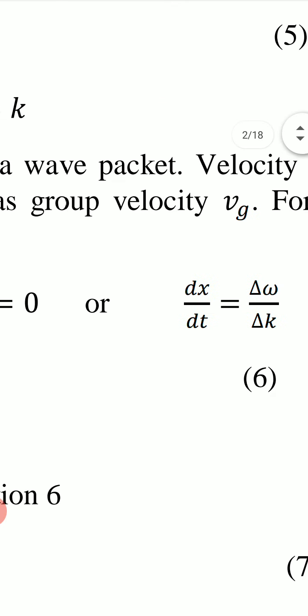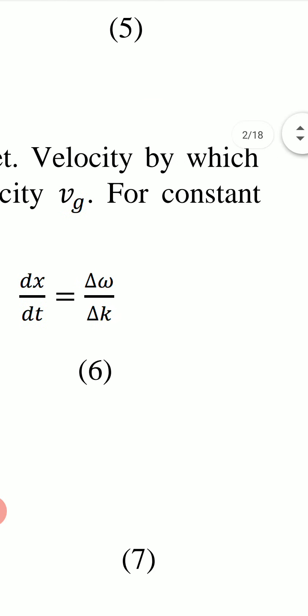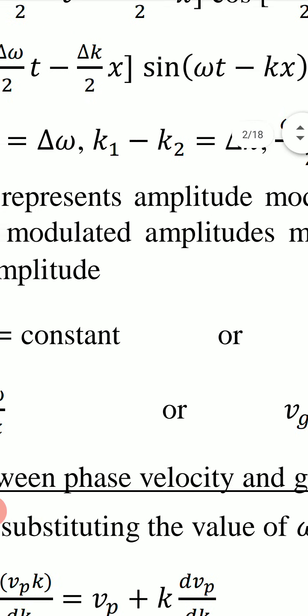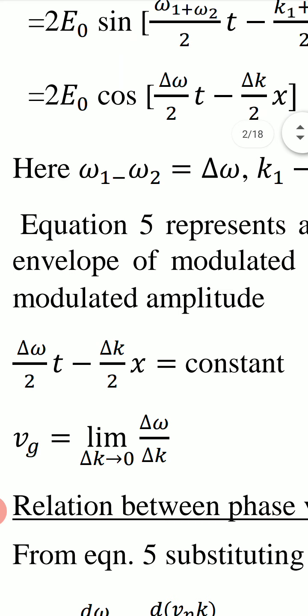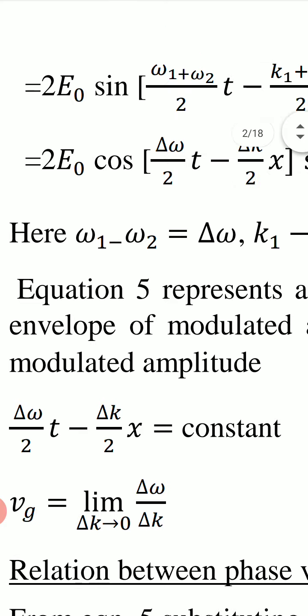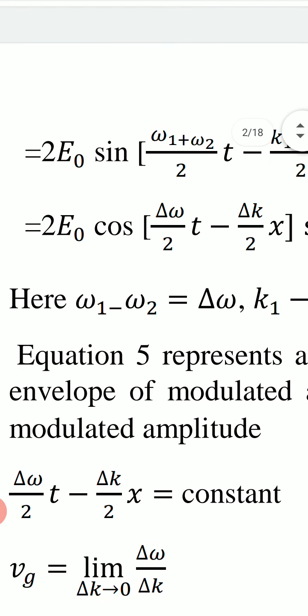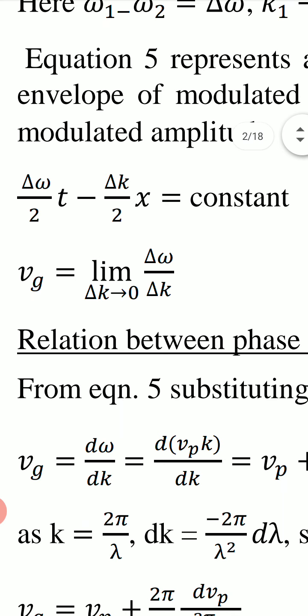So Vg, the group velocity of this wave packet, is the velocity by which the envelope of modulated amplitudes moves. To find this group velocity, we write for constant modulated amplitude: the modulated amplitude will be constant when the term inside before cos is constant. It means delta omega t by 2 minus delta k x by 2 is constant.